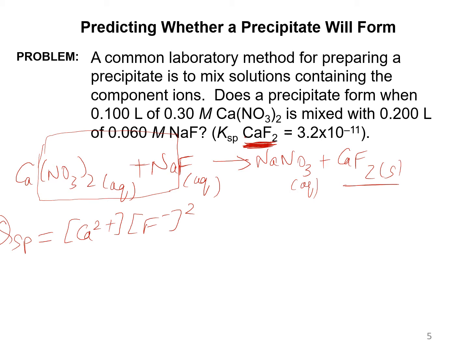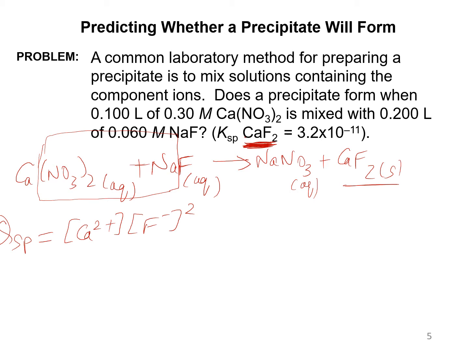What's given to us in question are the concentrations of calcium coming from calcium nitrate and fluoride ion coming from sodium fluoride. These are initial concentrations. So we'll have to figure out what would be the concentration for each of these after mixing.